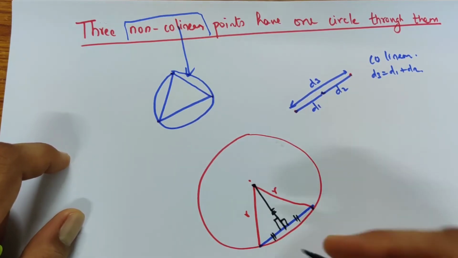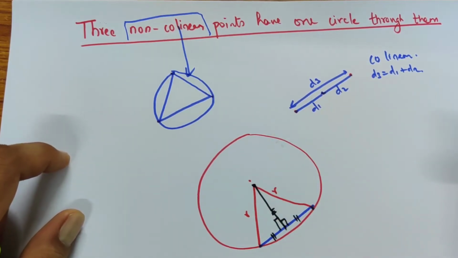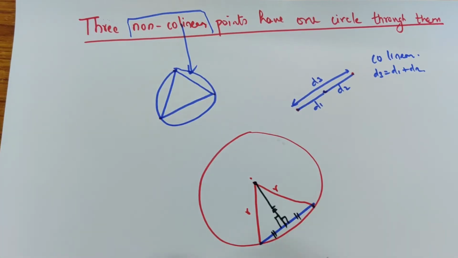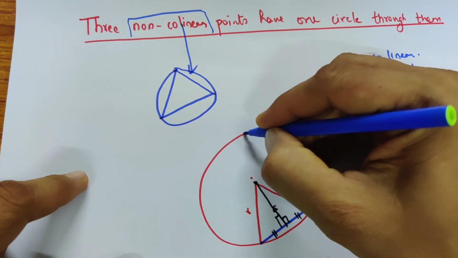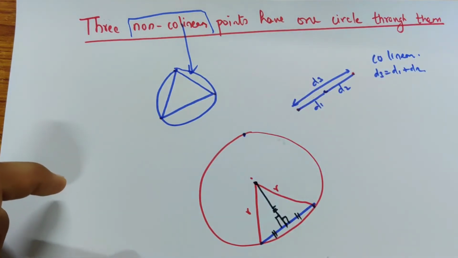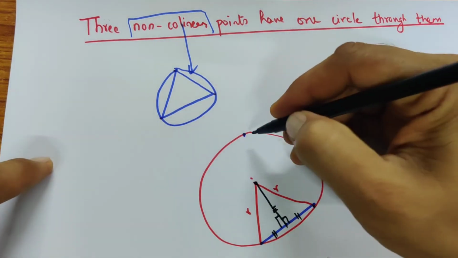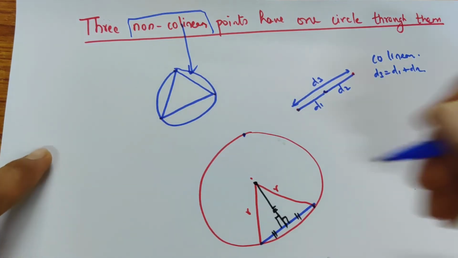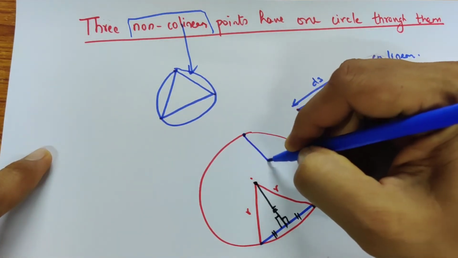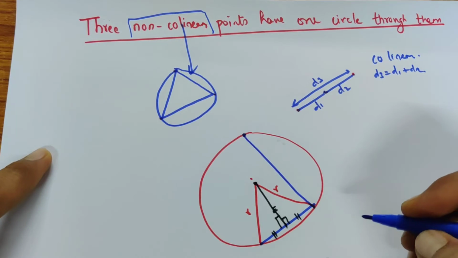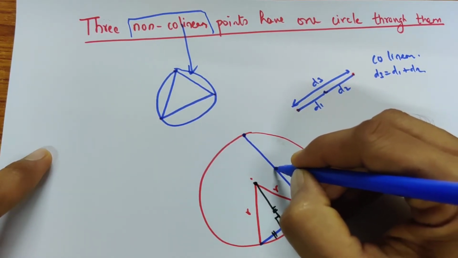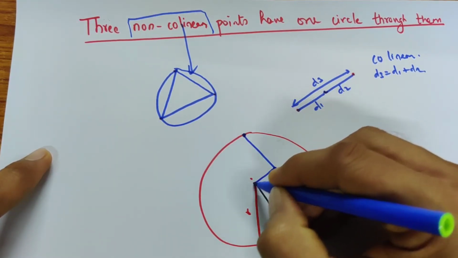This is the second sort of obvious property when you look at a triangle, and it can be anywhere. Let's say another point is here somewhere. If this is a chord, then its perpendicular bisector will also go through the center.